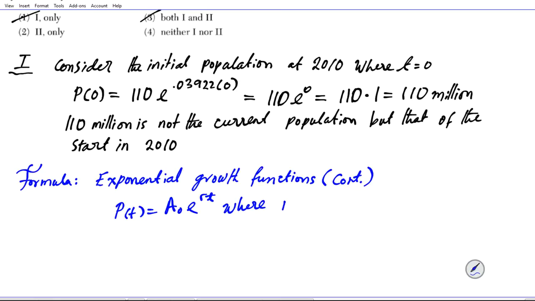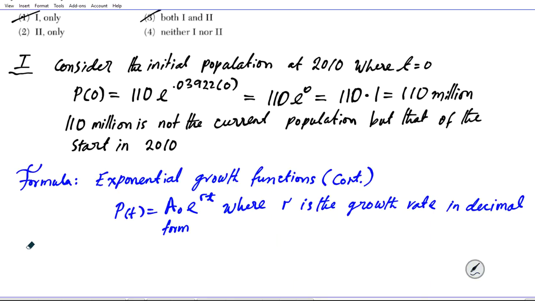Where r is the growth rate in decimal form. Okay, so you gotta be careful with that. What you see in the equation is the growth rate in decimal form. And r is basically the coefficient of t.